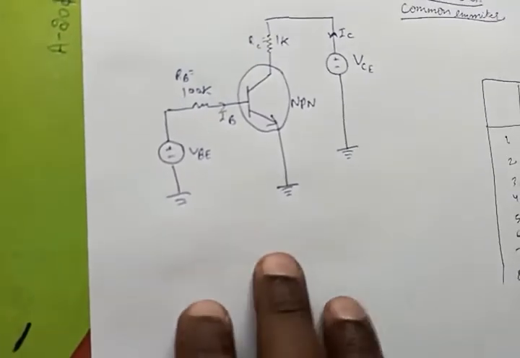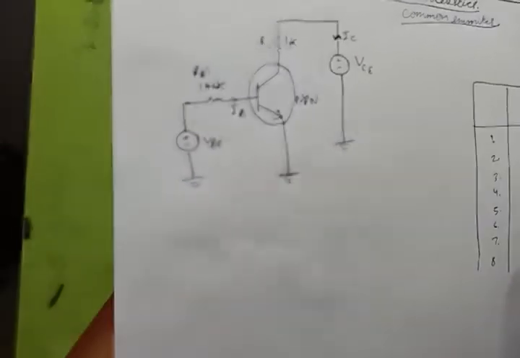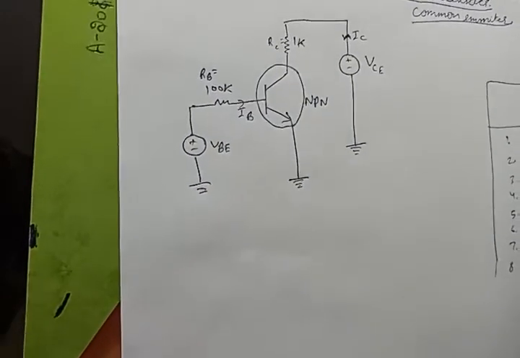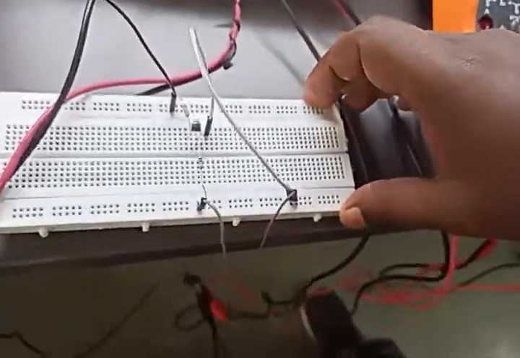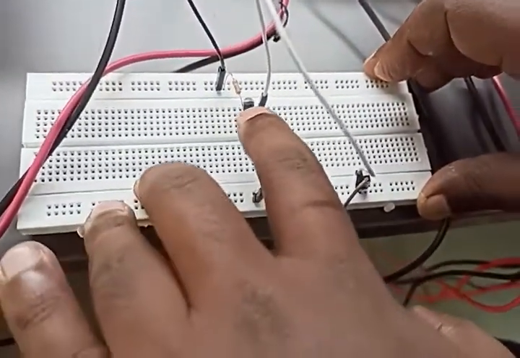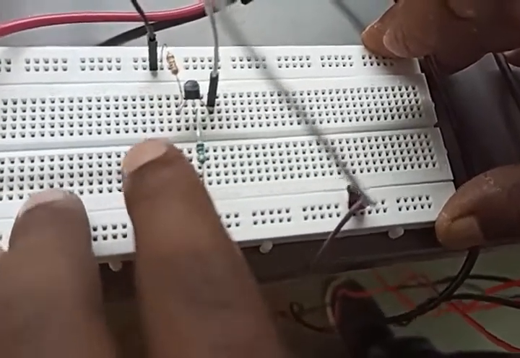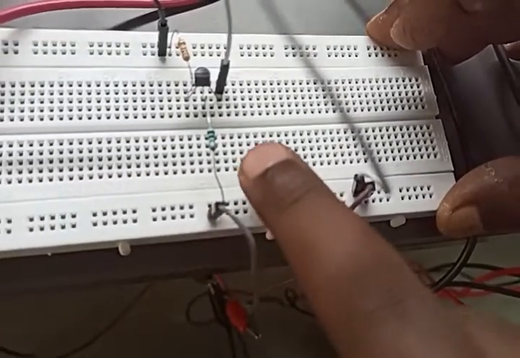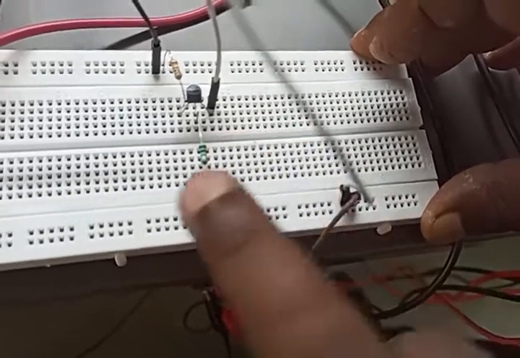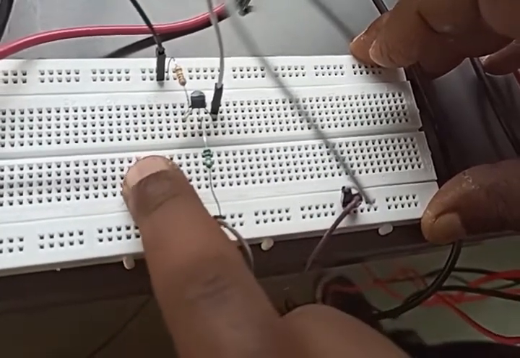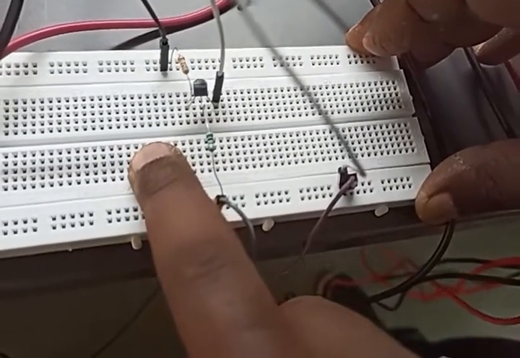So this is the circuit which we are going to make on a breadboard. We have an NPN transistor here, and I have connected two resistors, one at the base and one at the collector end.